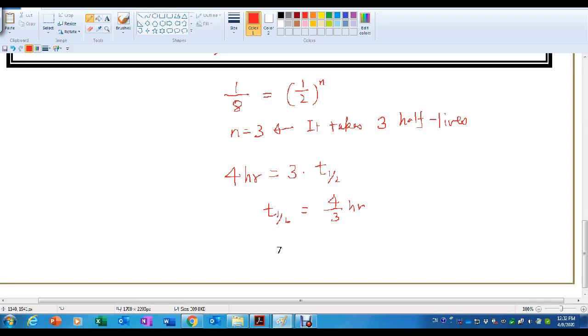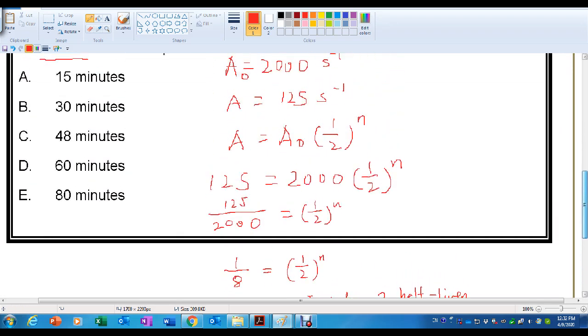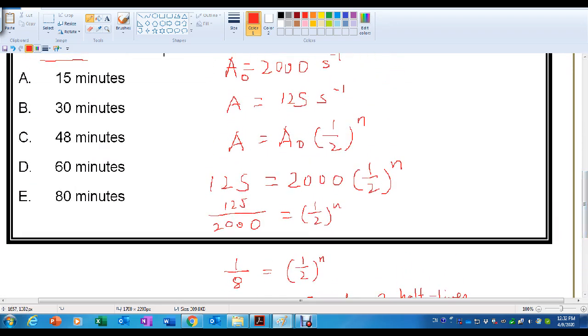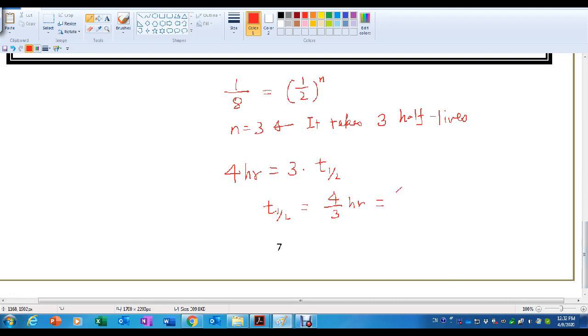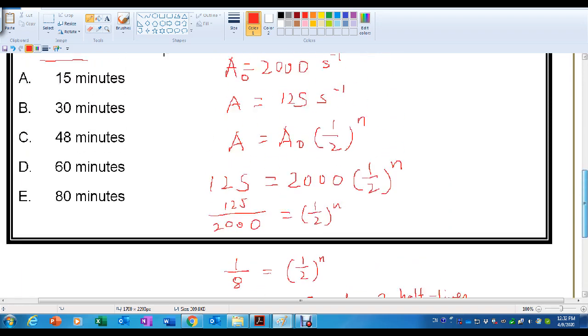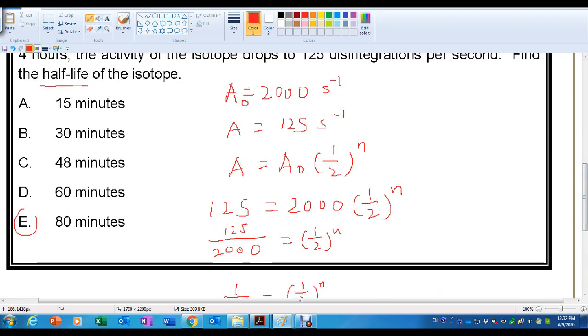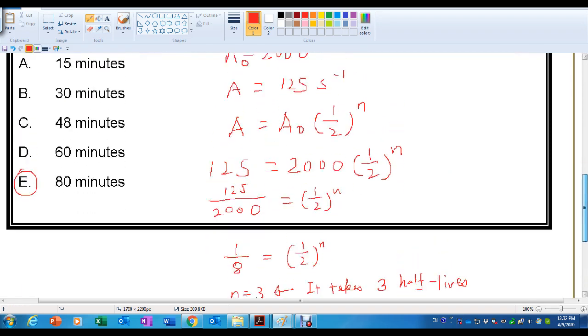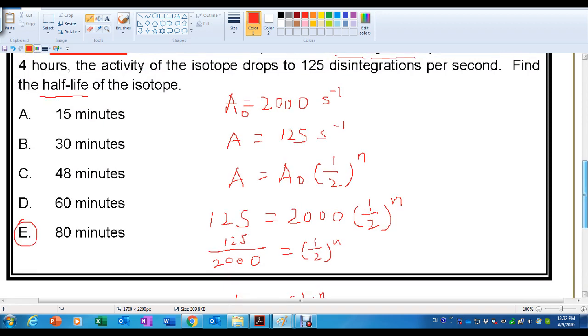So how long is 4 over 3 hours? In the multiple choice, the units are minutes. So let's change it to minutes, times 60 minutes. So it will give you 80 minutes, right? So the half-life is 80 minutes. Okay, that's how it goes.